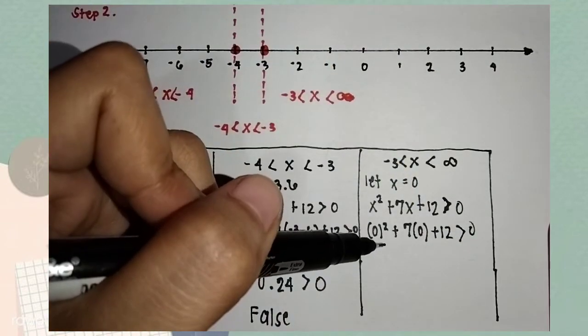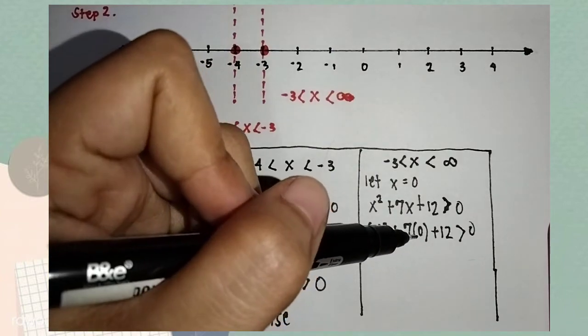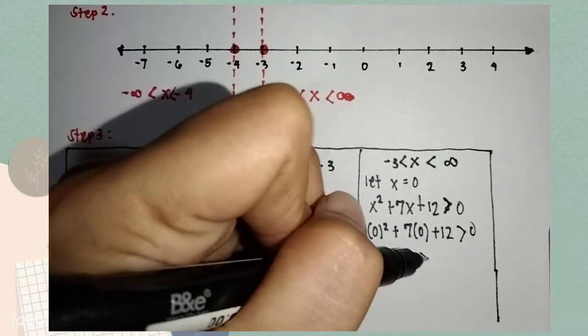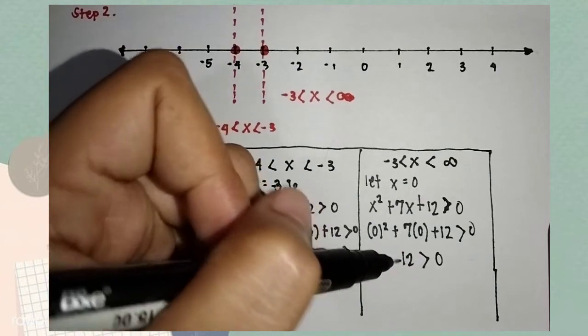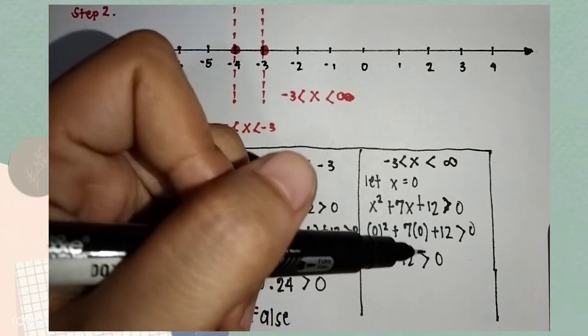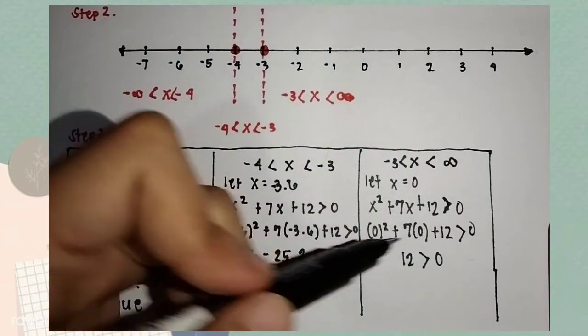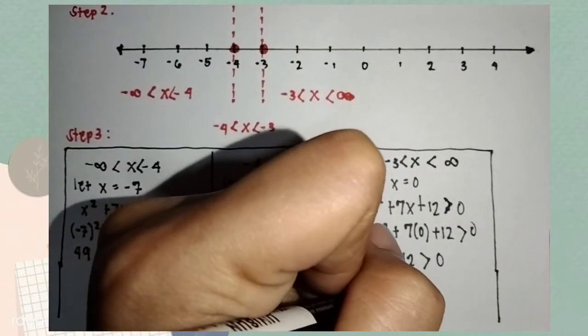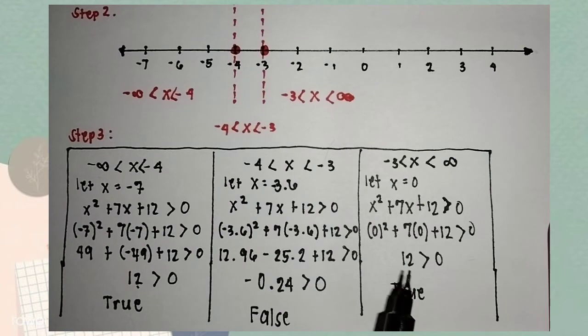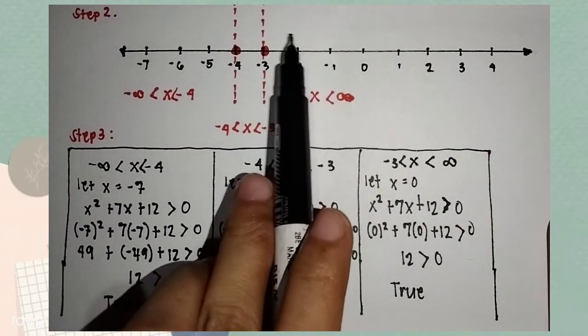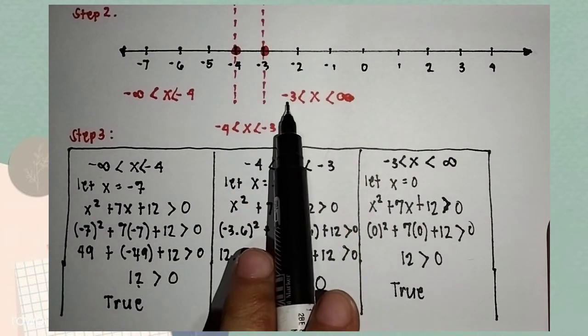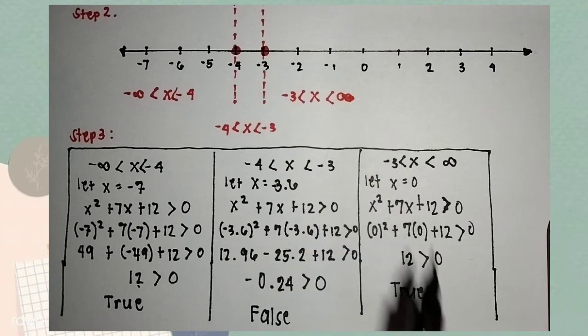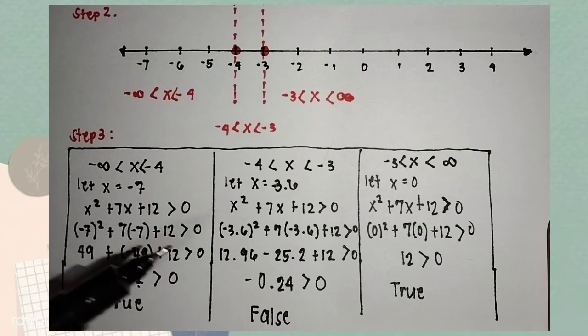Okay, 0 times 0, 0 plus 7 times 0 ay 0. 12 is greater than 0. So, tama ba na ang 12 ay greater than 0? Yes. So, it is true. Meaning, lahat ng possible values sa pagitan ng negative 3 at positive infinity ay magtutrue sa ating quadratic inequality.